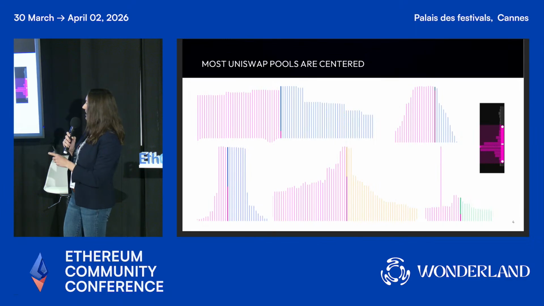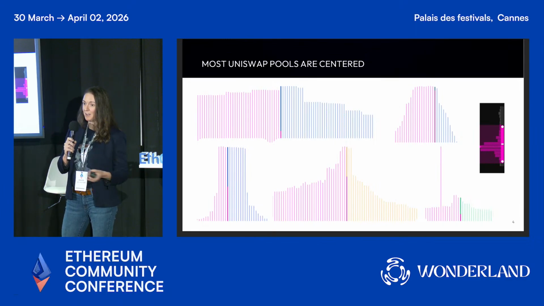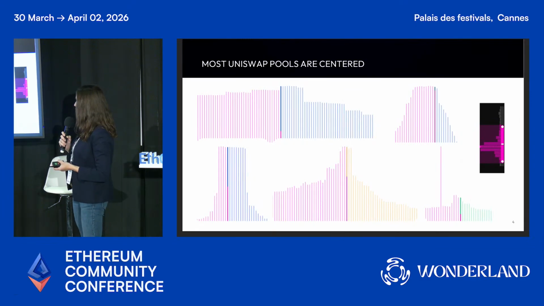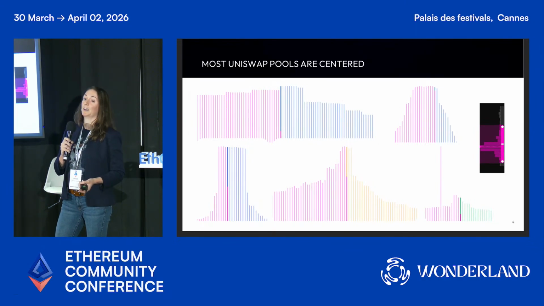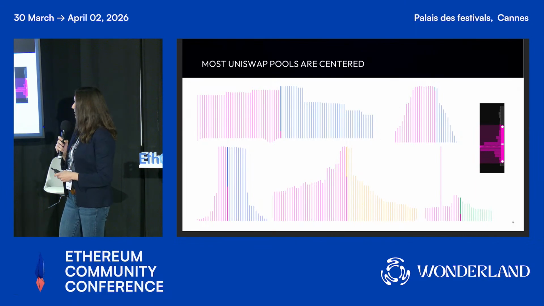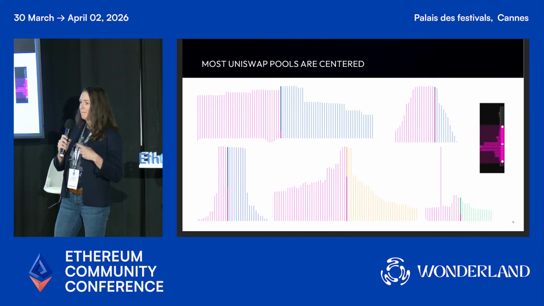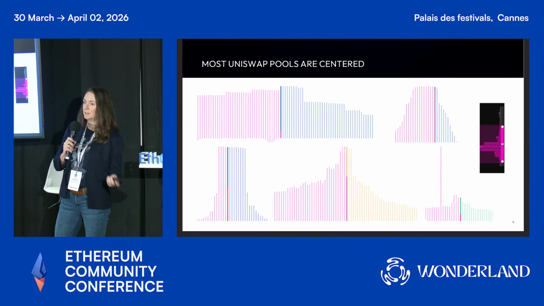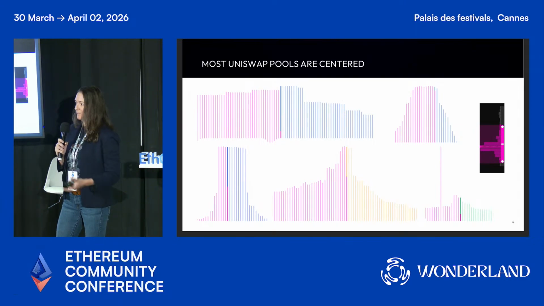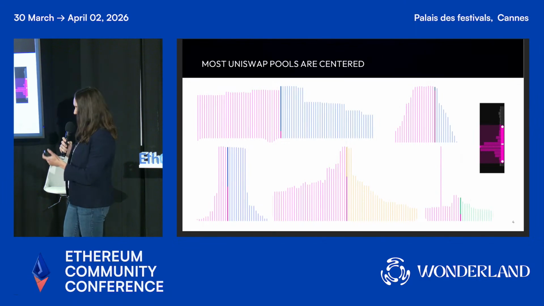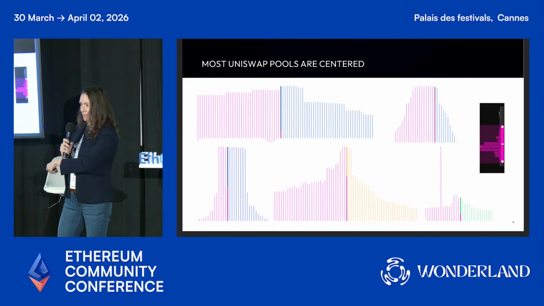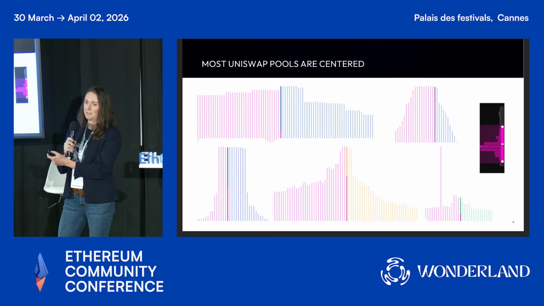As you can see, a very common pattern across each of the pools is that the liquidity is centered around the current price. This is generally a pattern that I see throughout all of Uniswap, on other protocols as well, and there are probably a few forces, both product-driven and culturally driven, that are nudging LPs to allocate liquidity this way. But we're going to now dive into how we can show that's actually not the best thing to do.